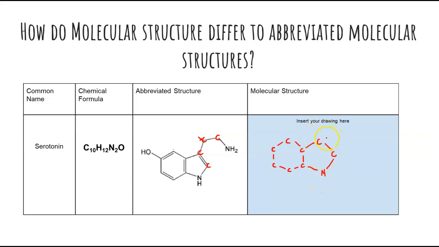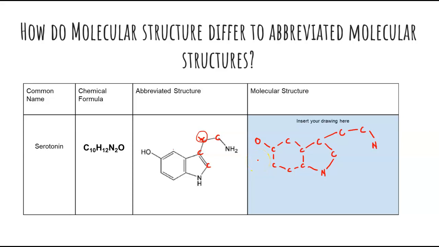I'm going to then attach from this carbon right here another carbon, that's this carbon right over here, and another carbon. And it's okay that I don't have the same structure. And then I have a nitrogen. All right, on this side right over here, I have an oxygen. All right, so that is the basic structure.